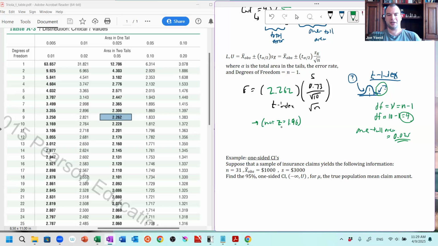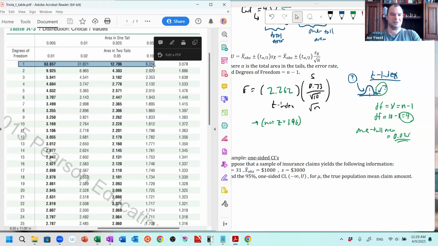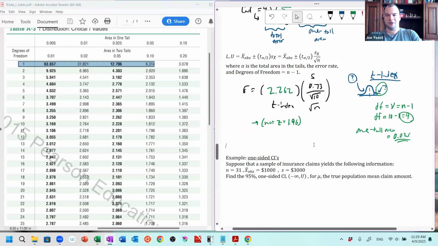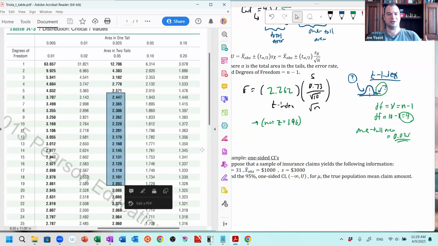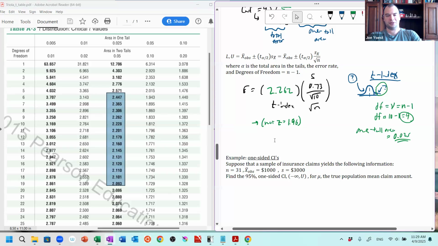We wouldn't expect this to go to like 10 or 20. For degrees of freedom 1, those numbers are a little crazy because you only have a sample of size 2. So how good is your estimate of sigma if you only have a sample of size 2? But for reasonable sample sizes, we're getting t values in the ballpark of 2, 2.5, something like that. It's in the ballpark of the z value of about 2, but just a little bit bigger, taking into account that extra uncertainty.